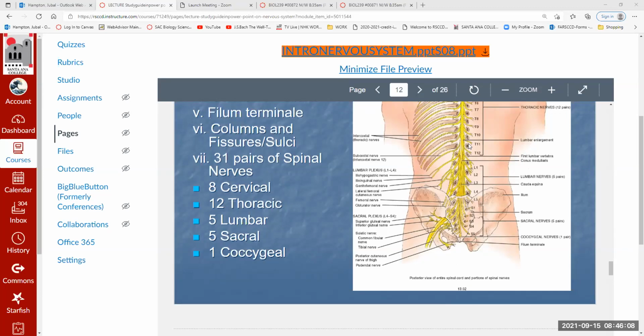Very slender, highly organized. It's deceptively simple looking on appearance, full of vascularization that's also well organized, and running through the very center of the spinal cord is a little conduit, a little tube called the central canal.